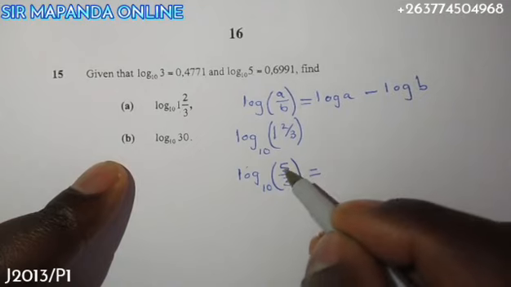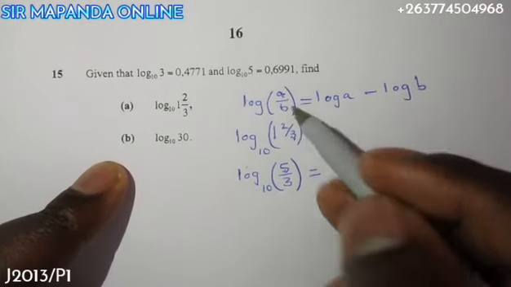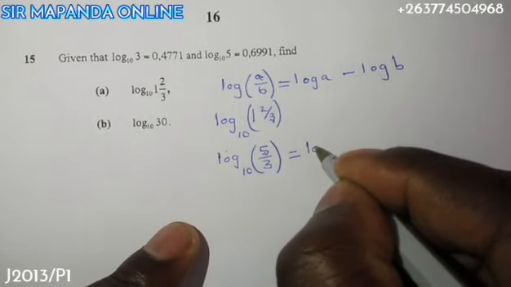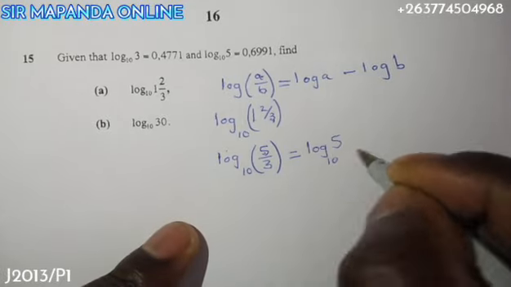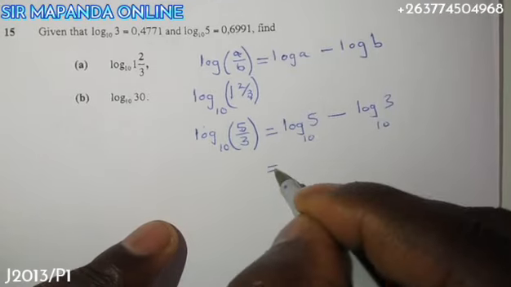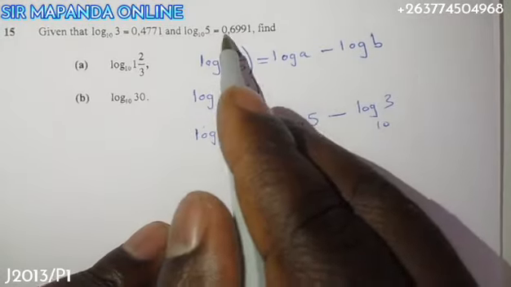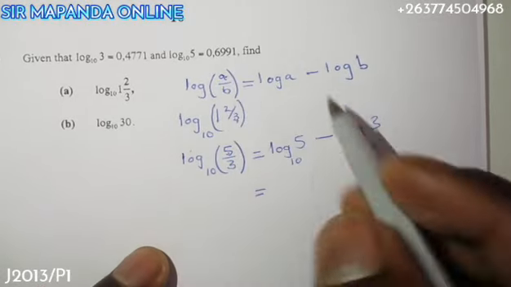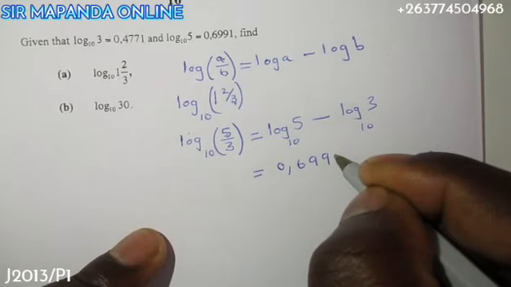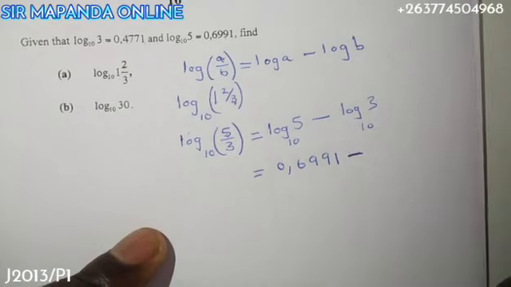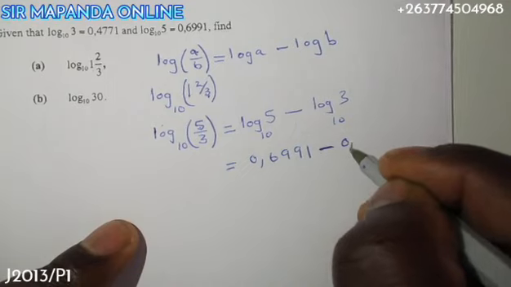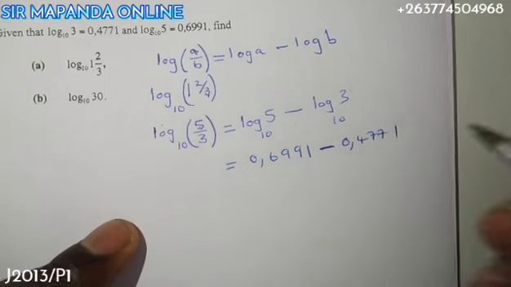In this case, 5 represents A and 3 represents B. If we expand this, you get log 5 to base 10 minus log 3 to base 10. Log 5 is given as 0,6991, minus log 3, which is 0,4771.